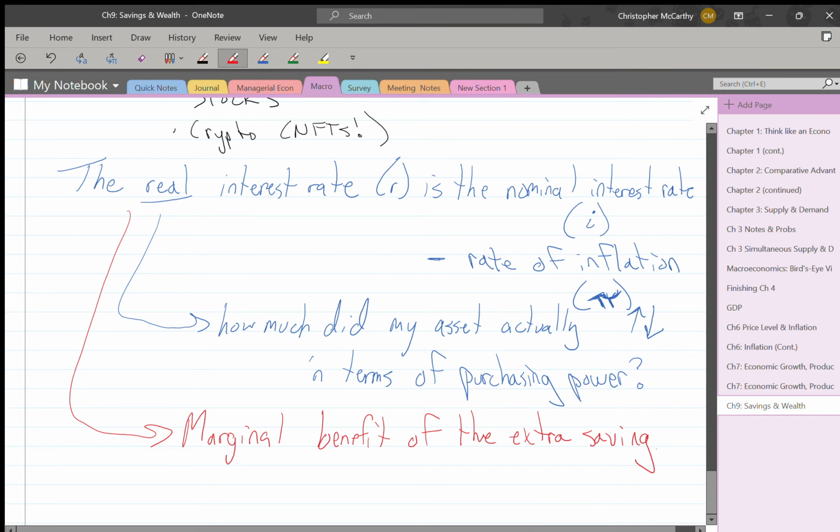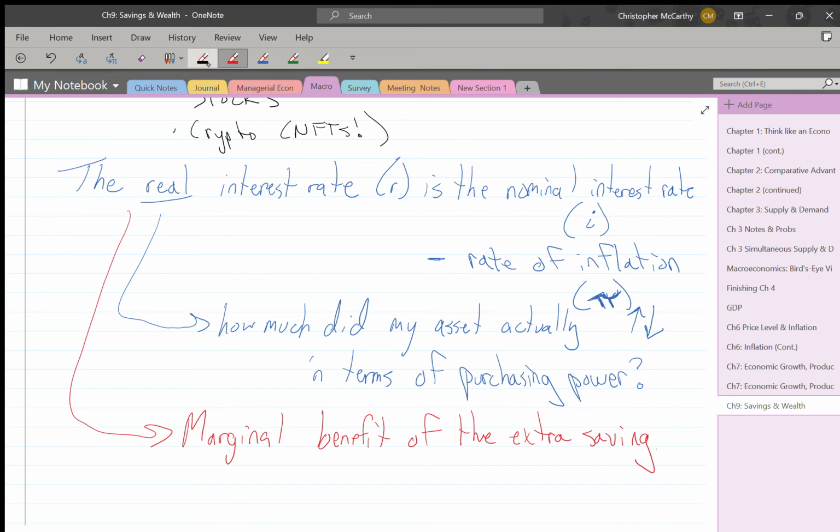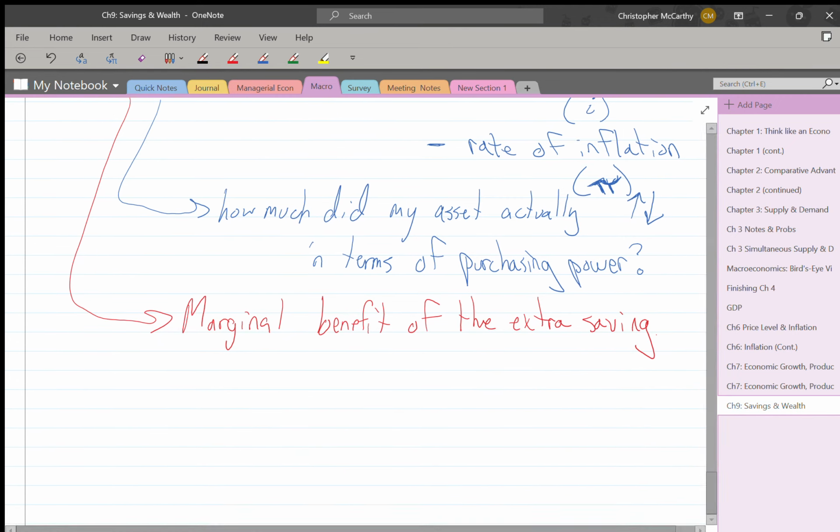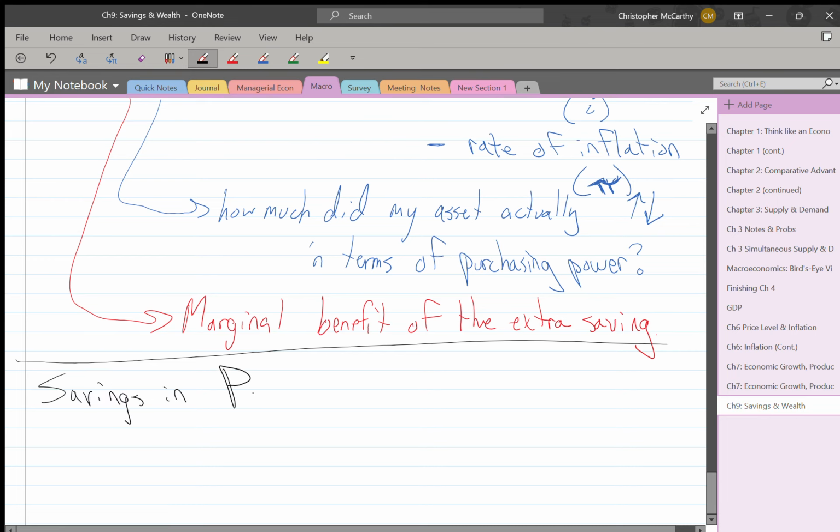So let's take a look at some snapshots of what's going on. Savings in perspective.